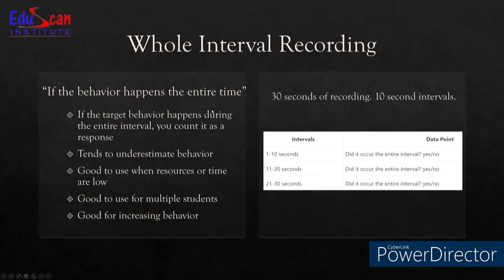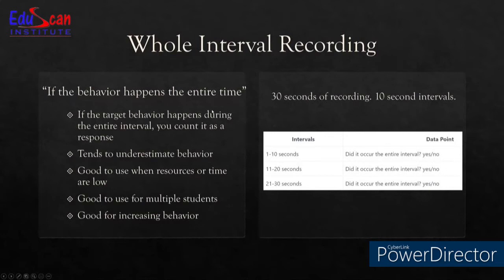Say, for example, you have 30 seconds of recording, you make 3 slots of 10 seconds each. So 1 to 10 seconds, 11 to 20 seconds, 21 to 30 seconds. What is your question? Did the behavior occur the entire interval? That means right from 1 second till the 10th second. If the behavior occurred, it is counted as yes.